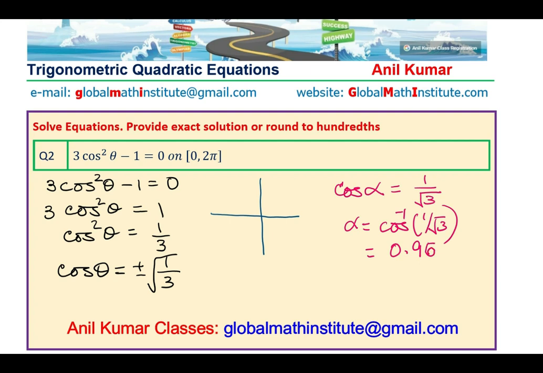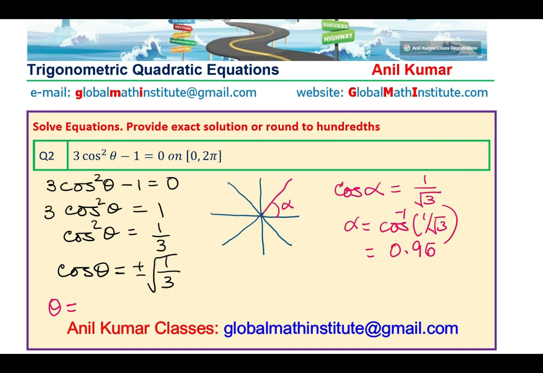Correct. So we got one angle here, and this angle is the angle alpha, right? Since we have plus and minus, you can see that there are four solutions. So the four solutions can be shown on this particular graph, and therefore let's write down what theta could be, right?